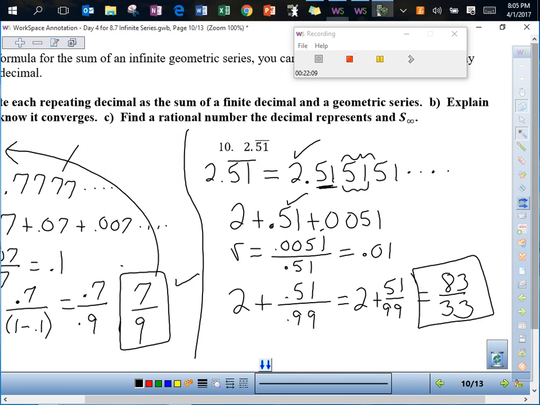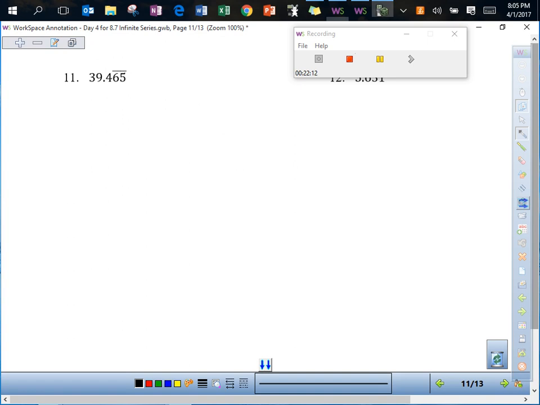So there's 2 down. Let's come over to your number 11. So here goes. Write down the part that does not repeat. So I'm going to have 39.4. There's the part that does not repeat. Now let's add in the rest.